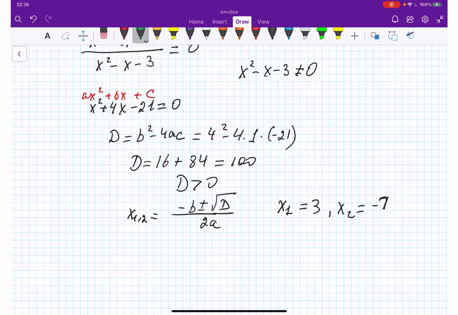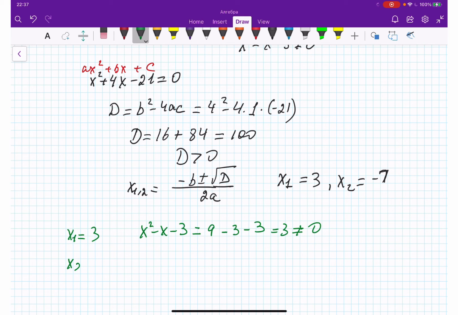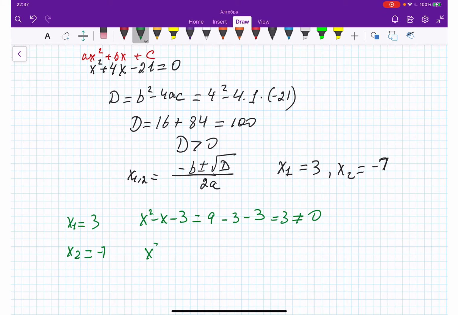So plugging into the denominator, x squared minus x minus 3, for x1 equal to 3 we get 9 minus 3 minus 3, which is equal to 3, which is not 0. And for the second one, x2 equal to negative 7, x squared minus x minus 3 is 49 plus 7 minus 3, and we are getting 53.